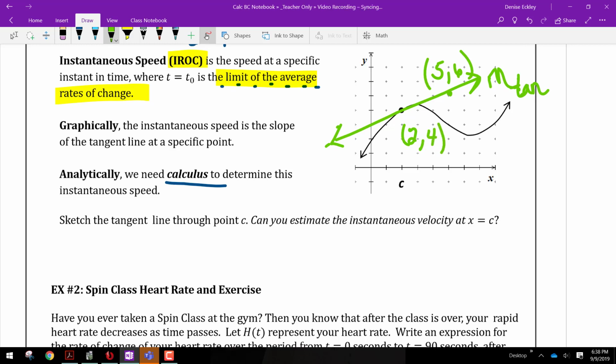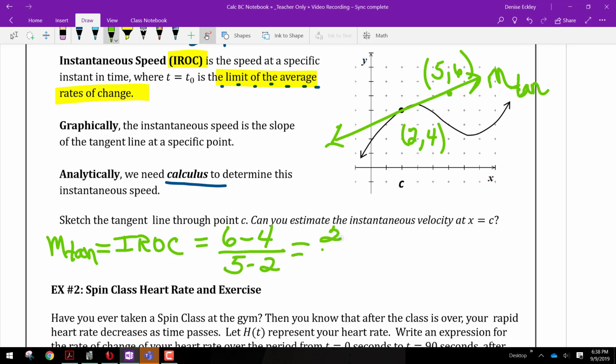So we can estimate the instantaneous velocity by taking the slope of that tangent line. So the slope of our tangent line is going to be our instantaneous rate of change, which is going to be 6 minus 4 over 5 minus 2. And we get 2/3.